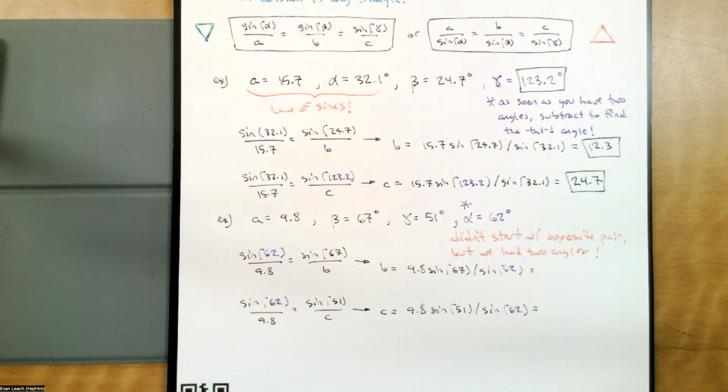Any questions? If you have two angles, you almost have three angles. You're only subtraction away from having three.